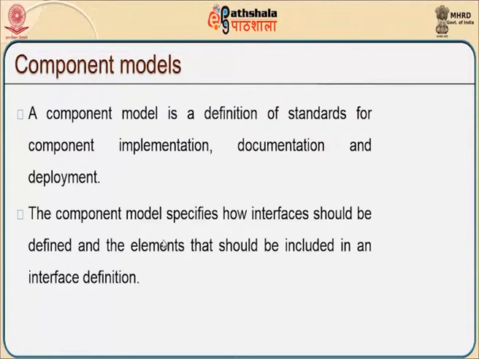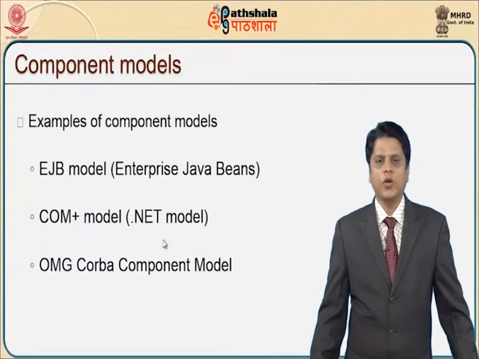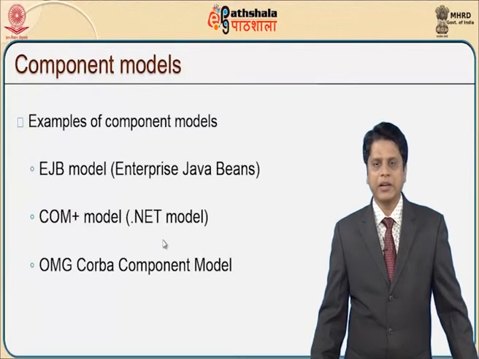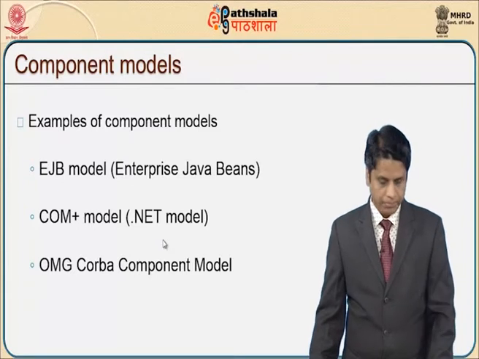In the previous session we looked at user interface design. These components can in turn decide how we design the interface, and where exactly the components are to be deployed can also be thought of at this component model level. Some of the very well known component models that we see in the real world are the Enterprise Java Beans model, COM+, which is part of the .NET framework, and the CORBA component model.